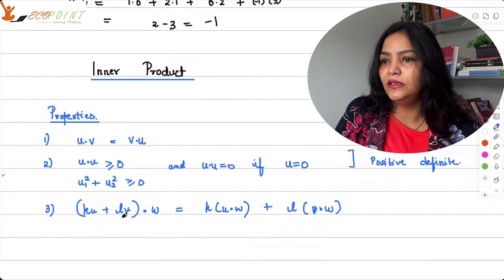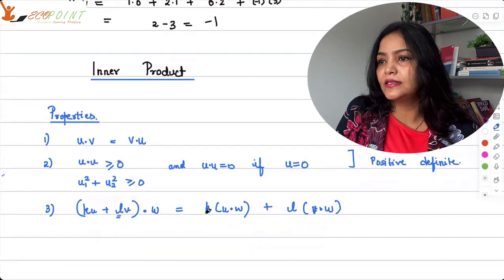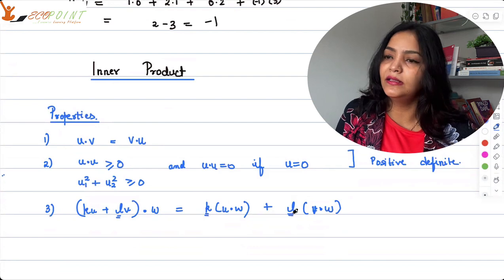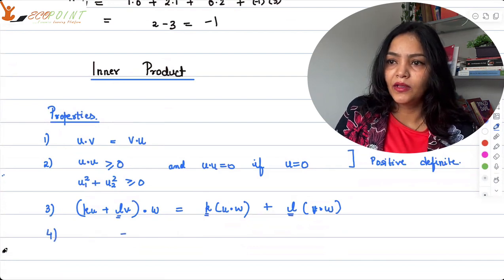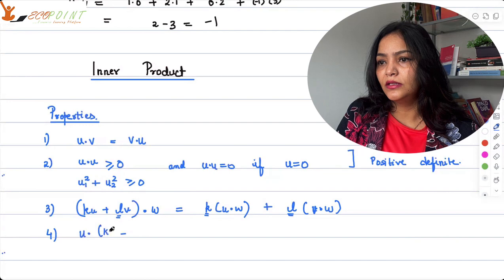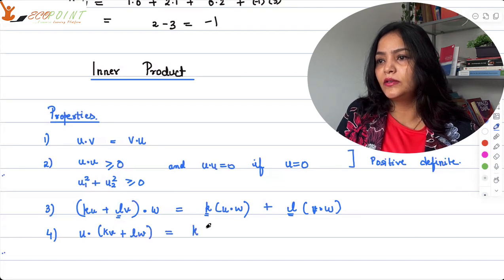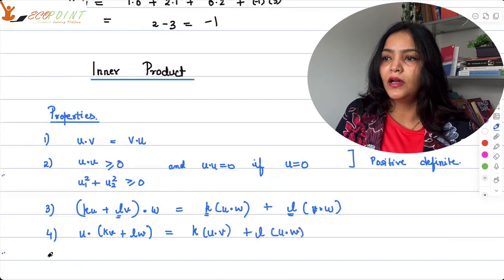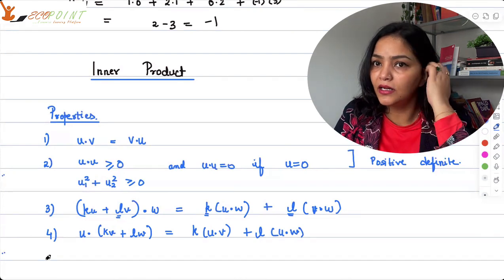So basically, L is a scalar, K is a scalar that can come out. Number 4, u dot K v plus L w is equal to K times u dot v plus L times u dot w. Again, K and L come out common.